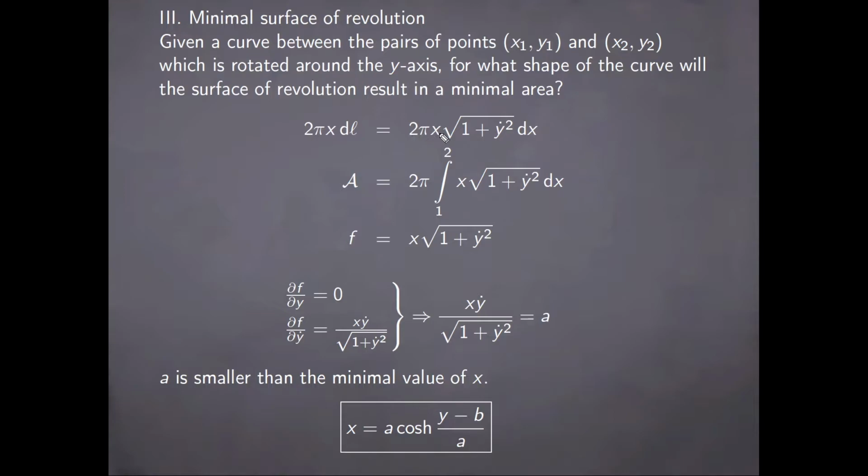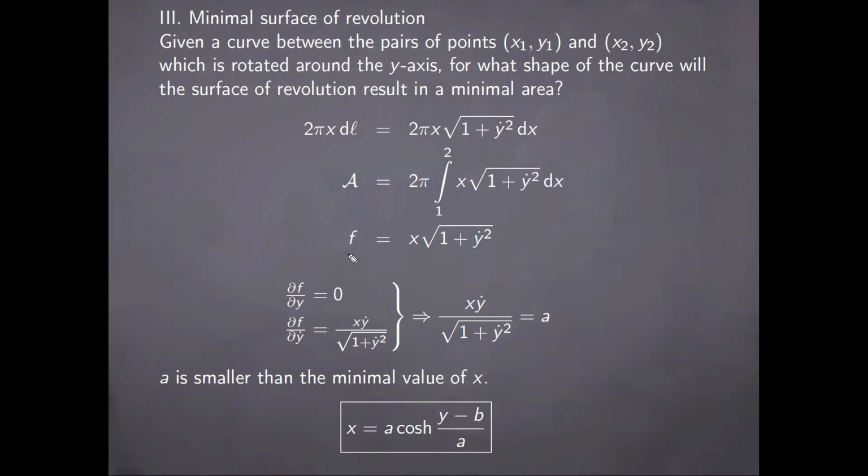So it's 2 pi times x times the square root of the length element using x as a parameter. And as such, the total area of this surface is just 2 pi times the integral of this expression from the initial value of x to the final value of x. And then the functional f is simply x times the square root here.